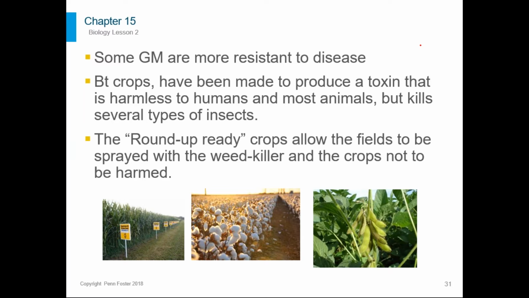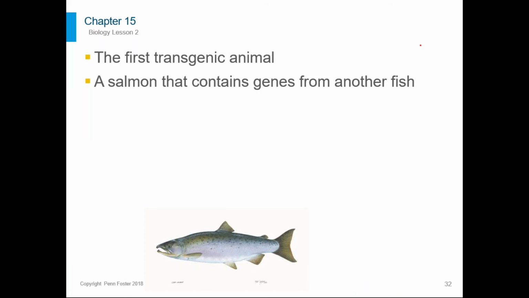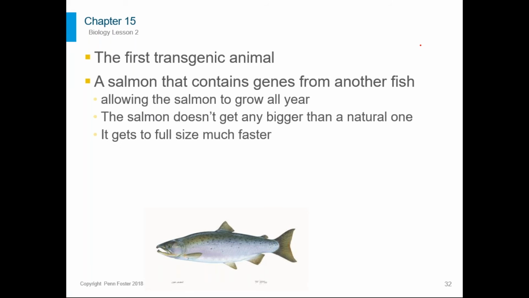We mostly deal with plants, but the first transgenic animal that has been patented as a food is a salmon that contains genes from another fish which allows the salmon to grow all year when they would naturally stop growing in the winter. The result is that the salmon doesn't get any bigger than the natural one, but it just gets to full size much faster, and that makes them a lot more profitable to farm.